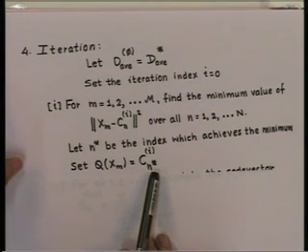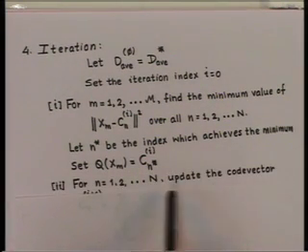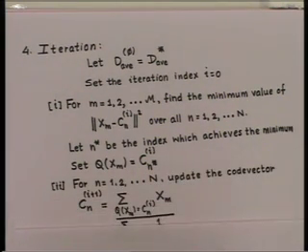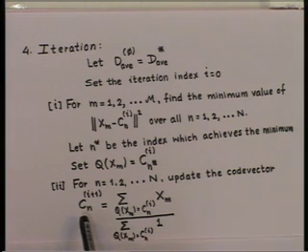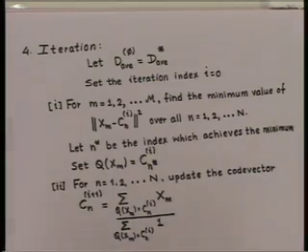The next step would be to obtain the updated code vectors, that is C11 and C21, given by this expression.